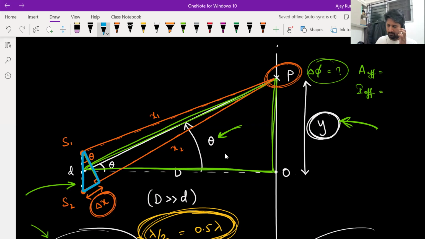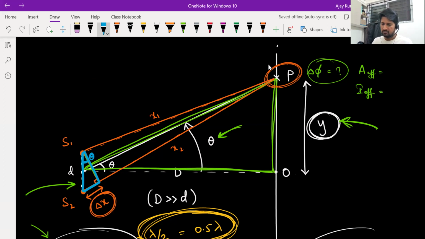Rishi, is that clear? Yes, sir. So in that right angle triangle, the angle near S1 will be theta, where theta is the angular position of the point P. All simple geometry only. If point P's angular position is theta, then the angle in that triangle will also be theta itself.